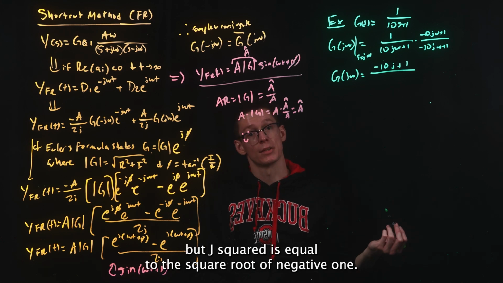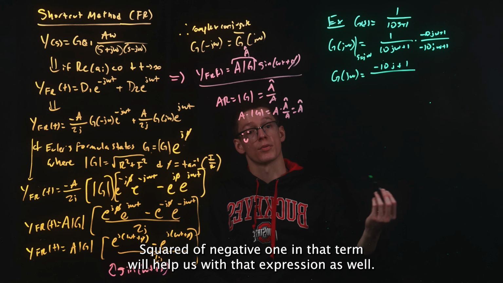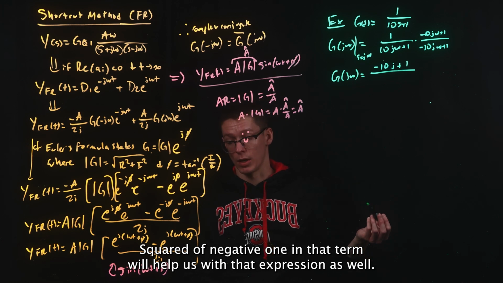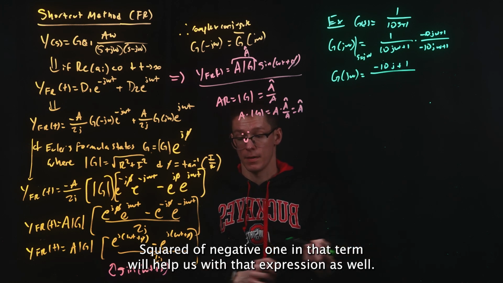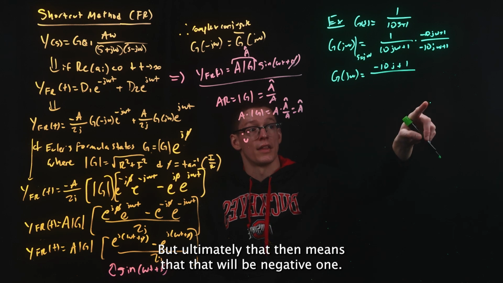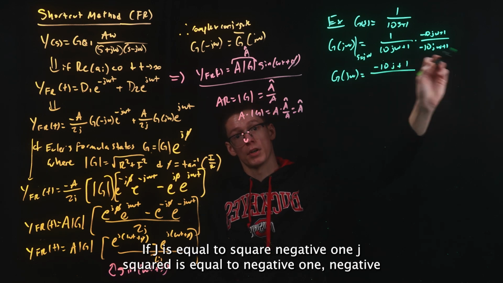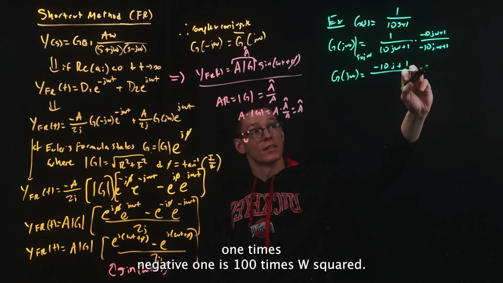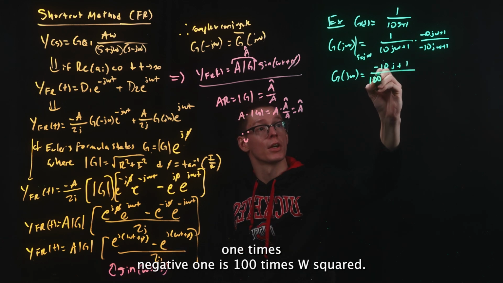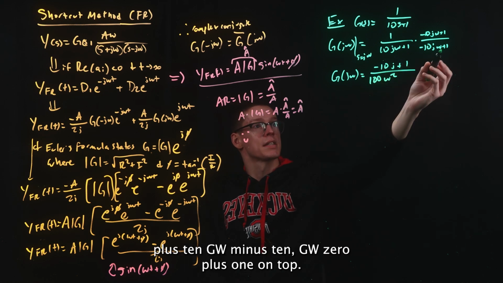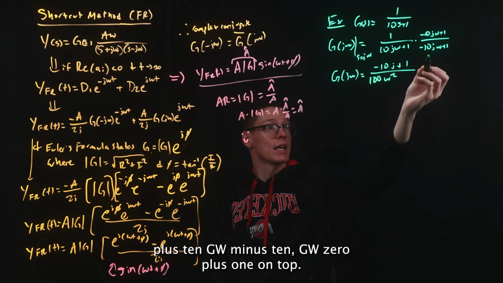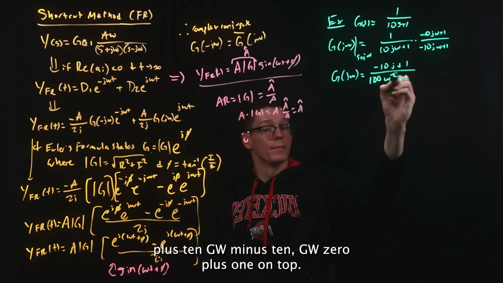But j is equal to the square root of −1, and that will help us with that expression as well. If j is equal to the square root of −1, j squared is equal to −1. −1 times −100 is 100 times ω squared. And multiply the next, plus 10jω minus 10jω is 0, plus 1.